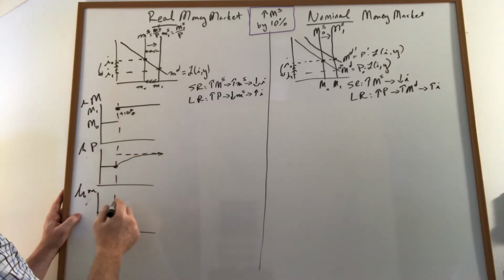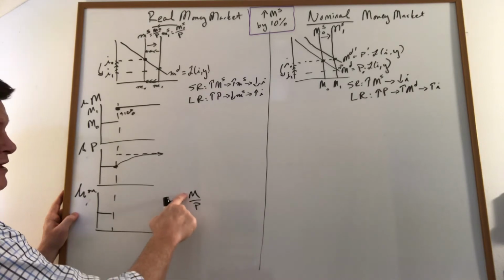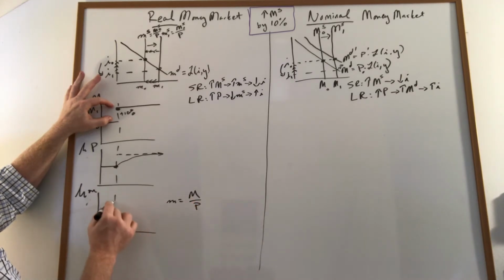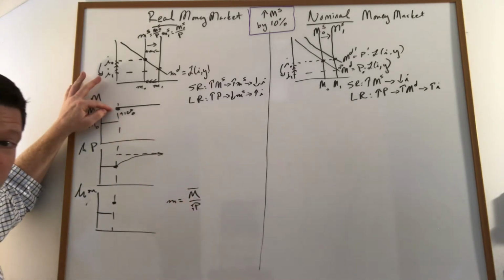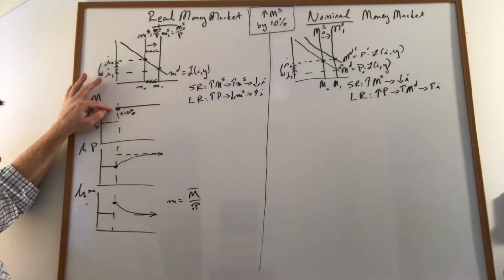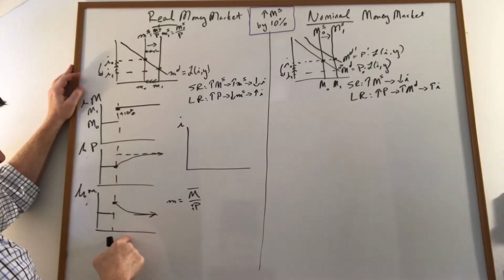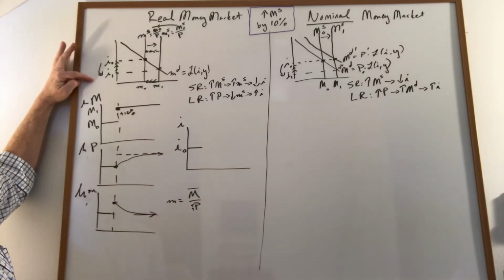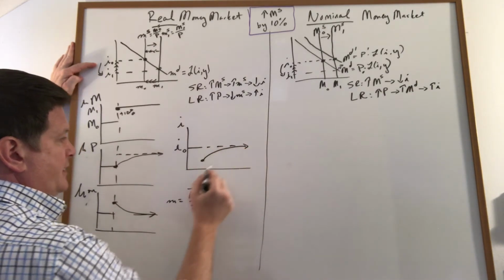The real money supply, which is just capital M, nominal money over the price level, this initially increased, but the prices didn't change, so this top part went up and that stayed constant. We jumped up to here. Now the top part stays constant and the bottom part continues to creep up, and so we get this dropping back to its long run. Interest rates, I ran out of space here, do the opposite of the real money. So interest rates started here, dropped down, and then slowly rose back up.